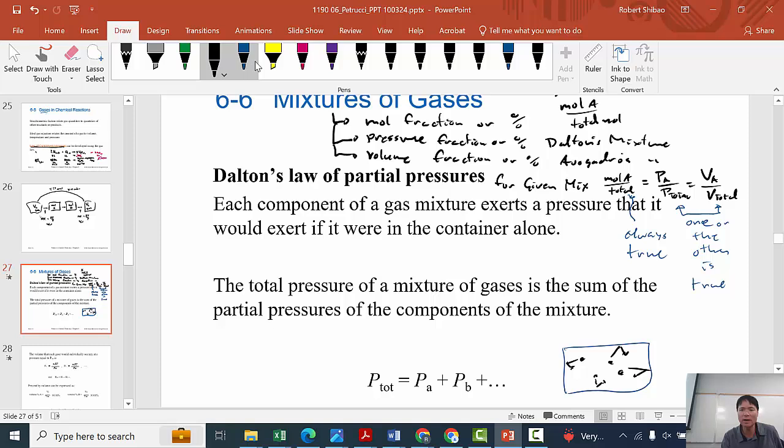And it's going to depend on how many of these black particles we have in there. Let's say the B were these blue ones. And so the total pressure will be the sum of the pressure generated by the black ones plus the pressure generated by the blue ones. That's Dalton's law.